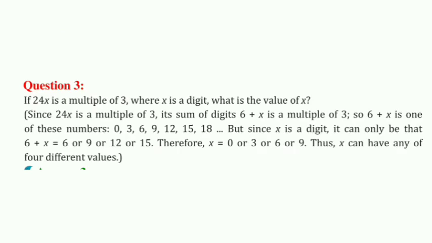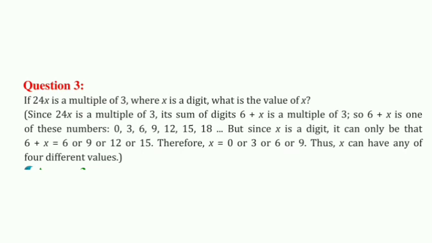Now in the third question: if 24x is a multiple of 3 where x is a digit, what is the value of x? Since 24x is a multiple of 3, its sum of digits 6 plus x is a multiple of 3. So 6 plus x is one of these numbers 0, 3, 6, 9, 12, 15, 18.